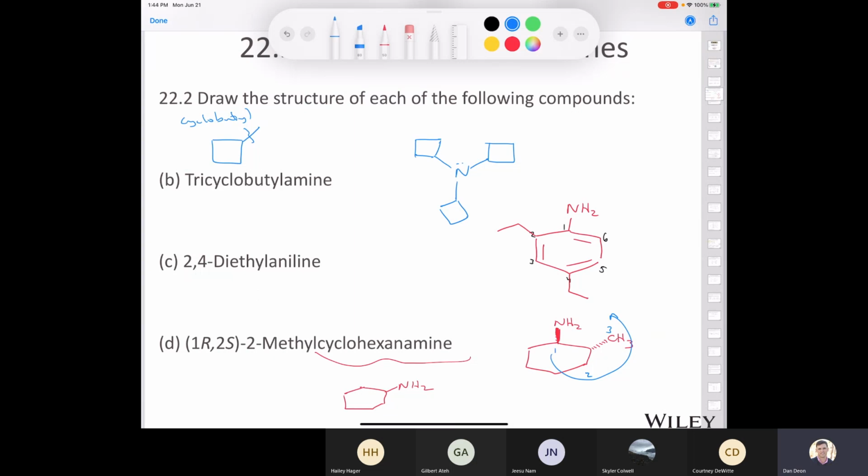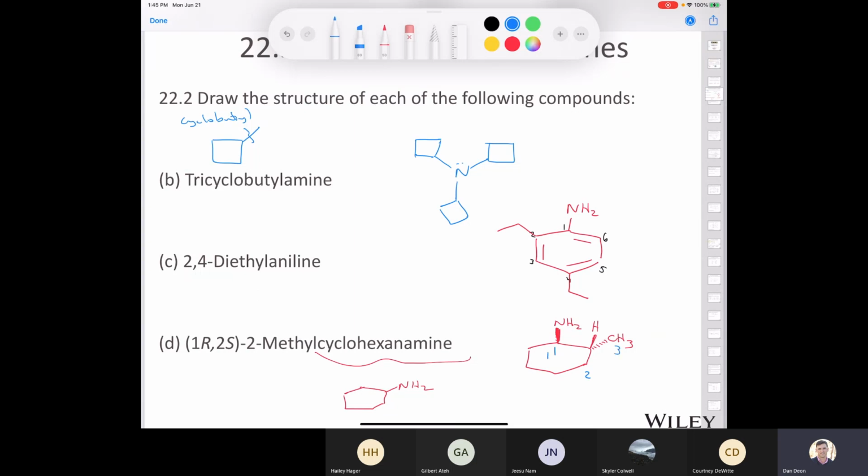So what am I doing wrong here? Let me think. I've got my proton coming out here. So I got 1, 2. So that's, yeah, that's R the way it's written. Look, I'm going from here, which is highest priority, to here, which is second priority.